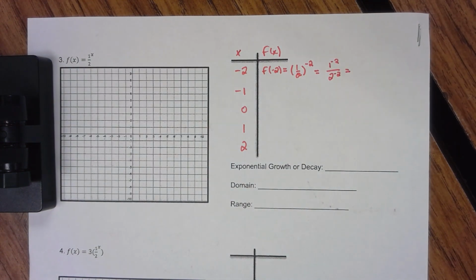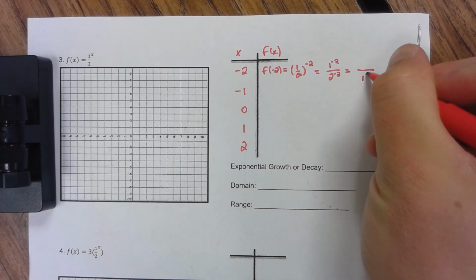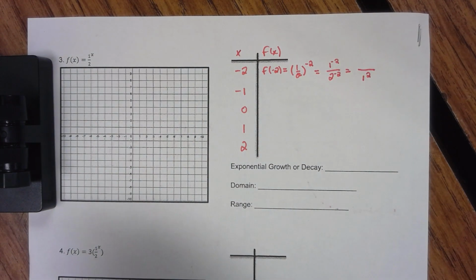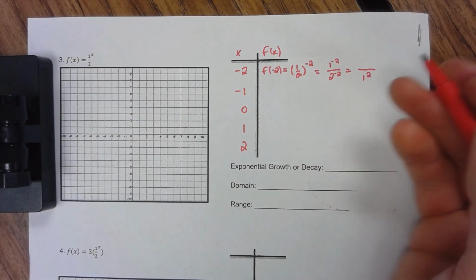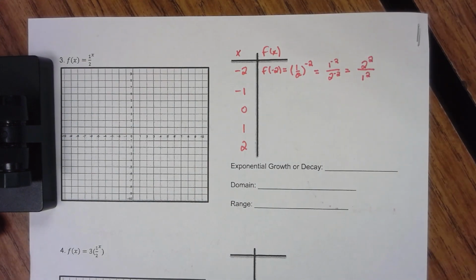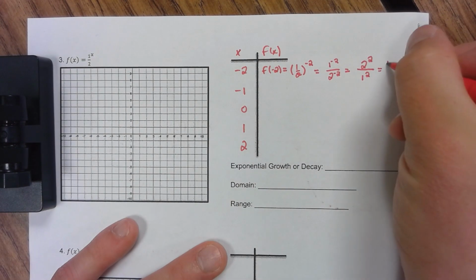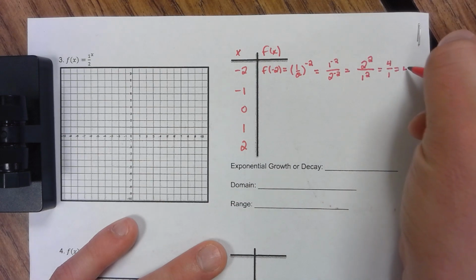Well, remember the negative exponent is saying, hey, that term needs to move places. So the 1 is going to move to the denominator, and now I can make it positive. The 2 is going to move to the numerator, and now I can make its exponent positive. So this is really 2 squared over 1 squared, or 4 over 1, which is 4.